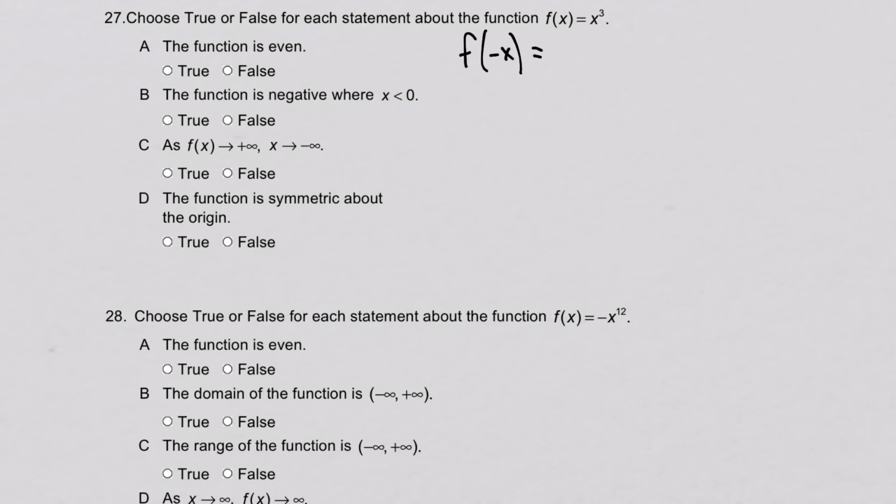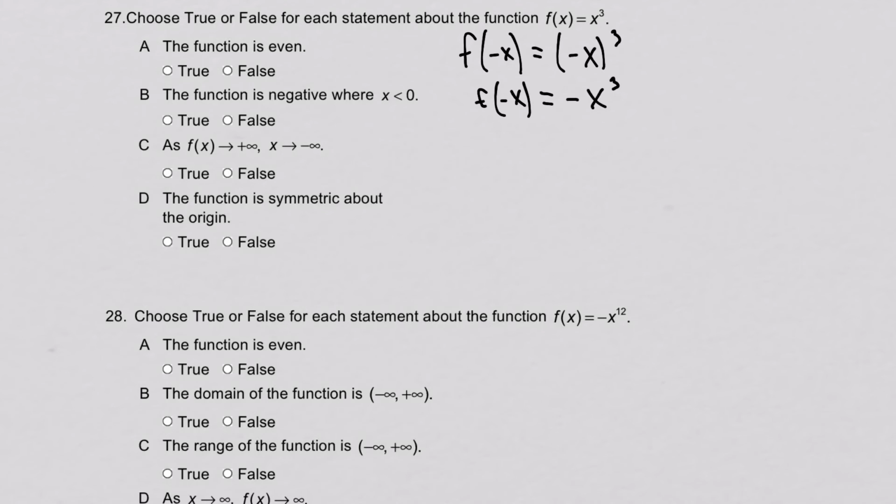So if I do that in this function, which is x cubed, and I put negative x there, f of negative x equals negative x cubed. What's going to happen when I cube this negative x? Negative x times negative x times negative x will give me negative, because negative times negative times negative will still end up being negative x cubed. So how do I know if it's even or odd?